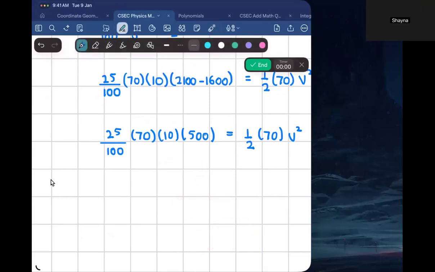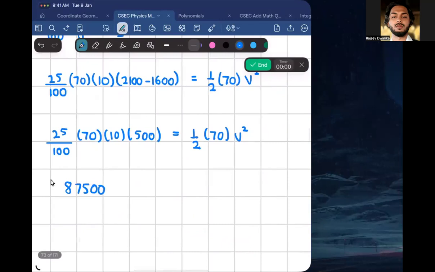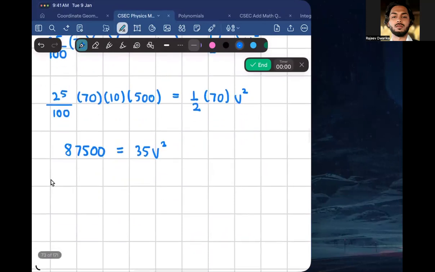Just let me know if you're getting that in the calculator. Yes, sir. Okay, nice. So that'll be 87500, you get? Yes, sir. And that would be equal to half of 70, which is 35. So now we need to make V the subject of the formula. How would I do that? First you divide both sides by 35, and then you take the square root of both sides. Right.